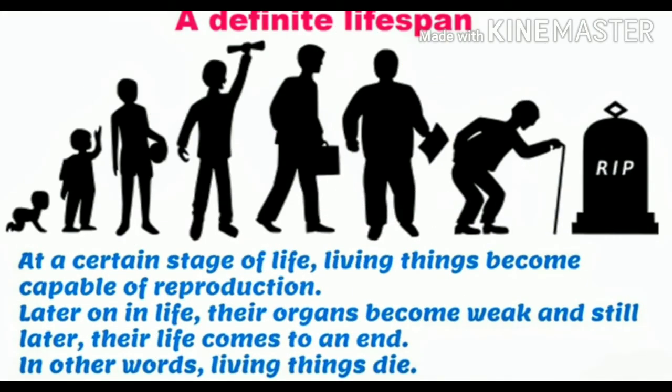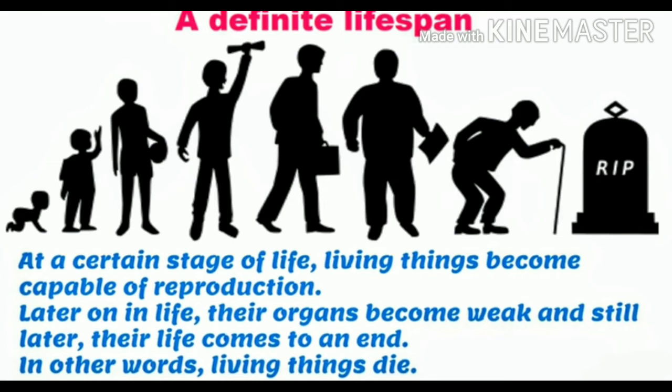But in all these stages, we find that at a certain stage of life, living things become capable of reproduction. After the reproduction stage, their organs become weak and still later their life comes to an end. In other words, living things die.